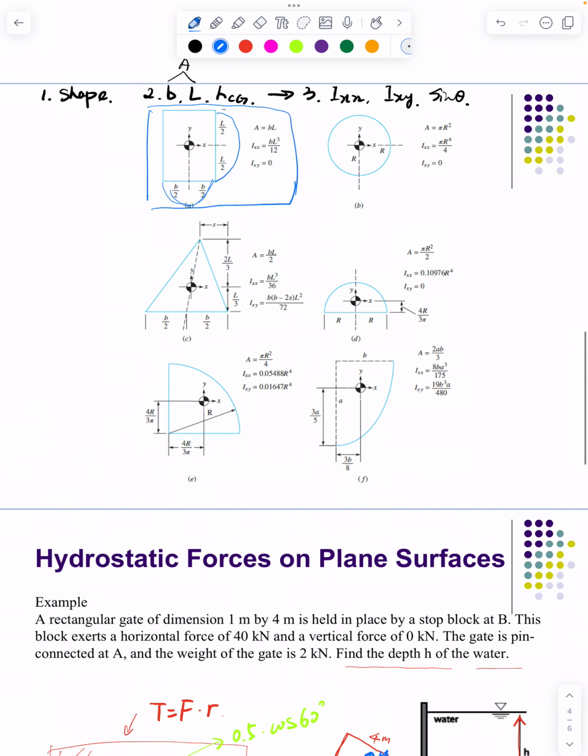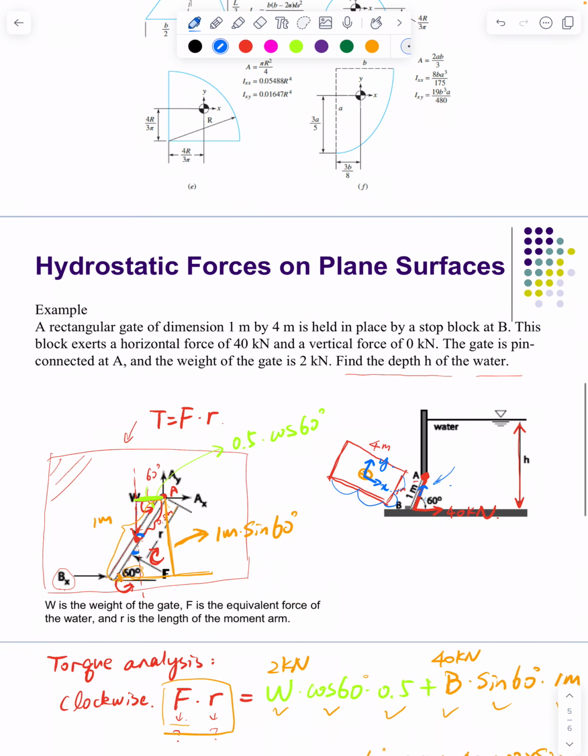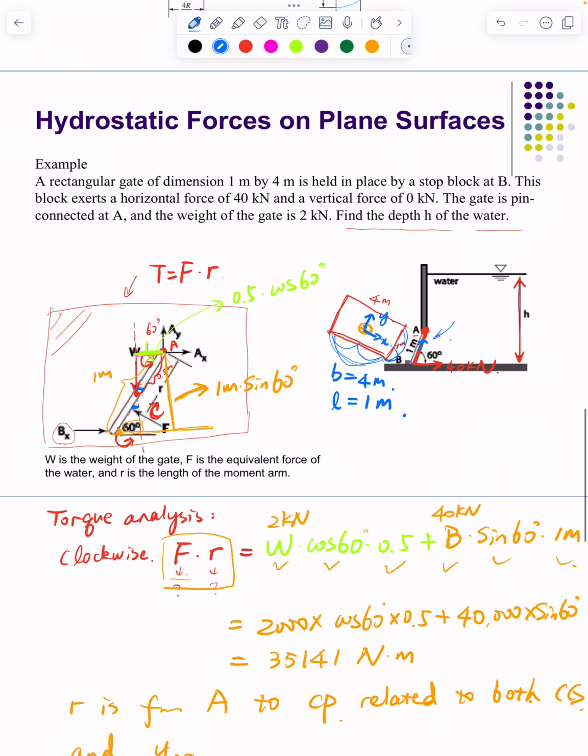This side is B, so B equals 4 meters. And our L should equal 1 meter. So we solved B and L.